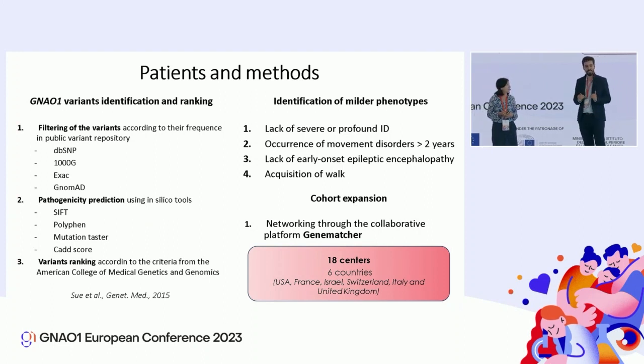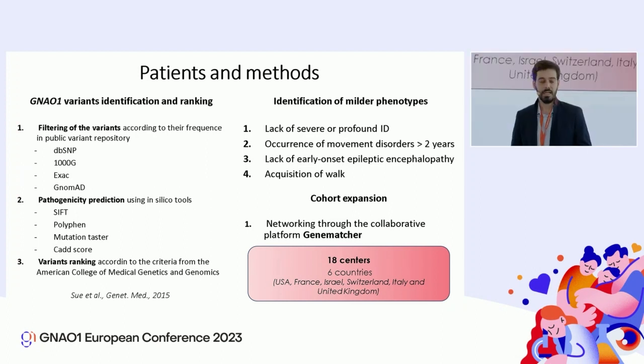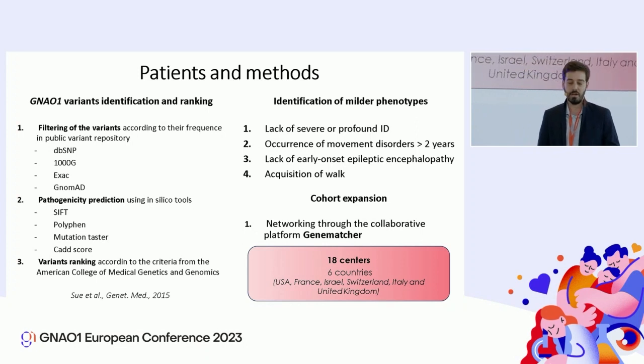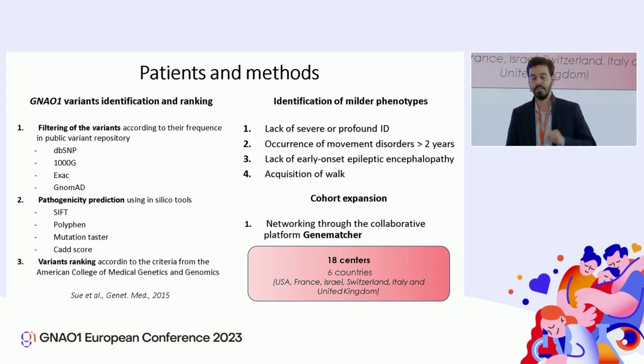Basically, you just put the gene on the platform, and then you can interact with other collaborators that have an interest in GNAO1 disorders. Through this platform, we identified 18 centers from 6 different countries: USA, France, Israel, Switzerland, Italy, and the United Kingdom, that were interested in participating in this global initiative to describe these milder phenotypes.